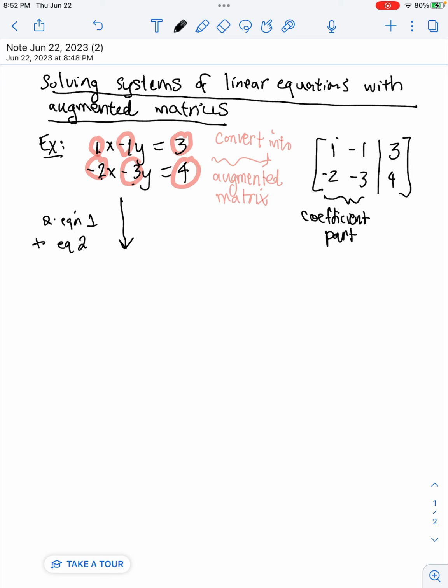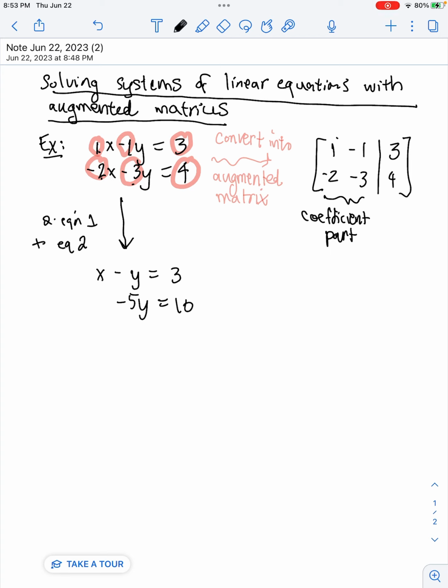And what you'll get, well, the first equation will stay the same, x minus y is 3. If you do 2 times equation 1, you get 2x minus 2y is 6. And so if you add it, the 2x's will cancel, and then you're going to get a negative 5y equals 10.